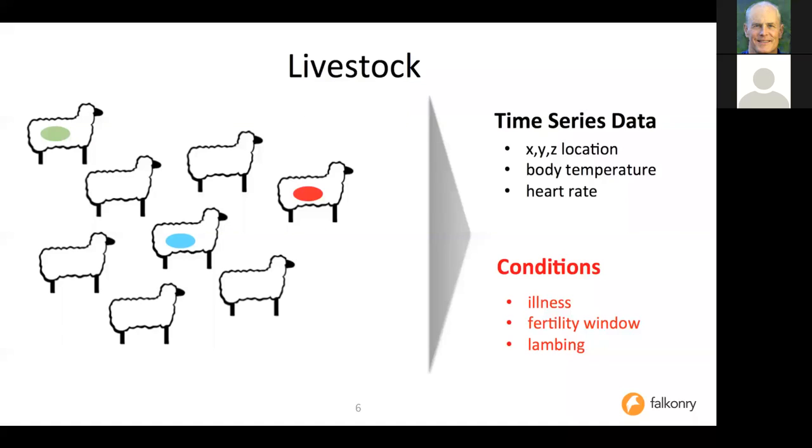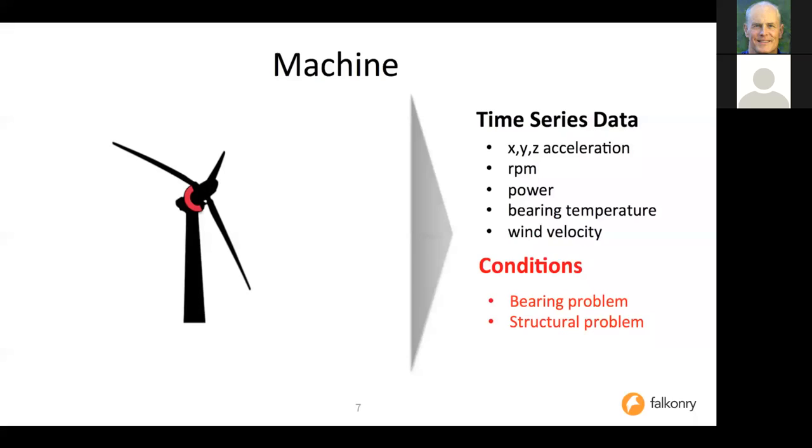Likewise, in agriculture, there's a lot of effort to instrument livestock to find things like health conditions, or if they're in a pregnancy or in the process of having birth. The more likely case in what we see in the PI case is machines that have sensor data that gets logged that could reveal conditions that lead to a maintenance event or potentially some efficiency improvement by recognizing that condition before it occurs.